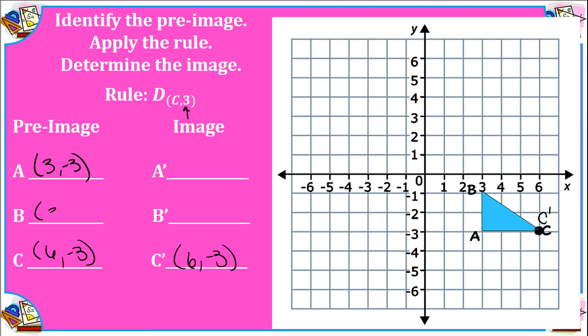B is 3, -1. Okay, so let's just go ahead and see how long AC is. 1, 2, 3, and we want it 3 times that. So 3 times 3 is 9. So that's 1, 2, 3, 4, 5, 6, 7, 8, 9. So A prime is being pushed way out here. So A prime is -3, -3.